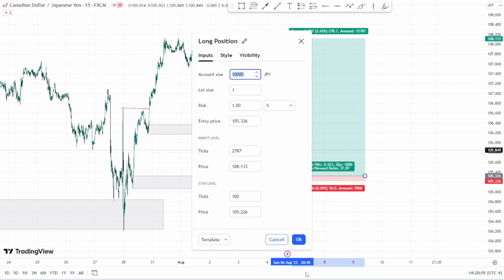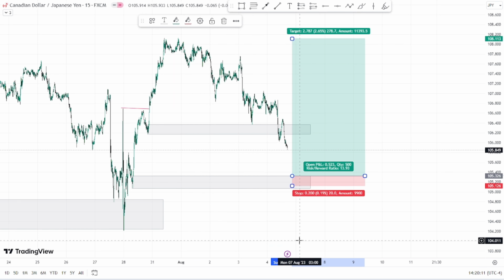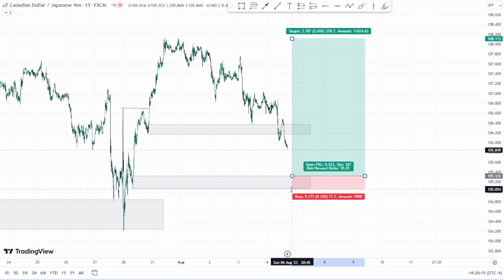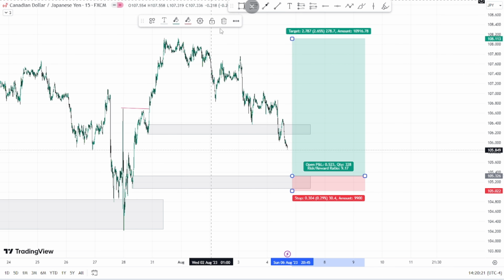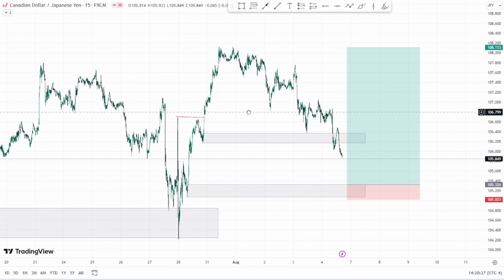Let's see, 25. Let me first start with 20. Still doesn't make sense. Okay, I'm just gonna put it here at 30. It's quite a huge stop loss, but this is where I'm gonna wait for this pair to play out. So that's it for CADJPY.